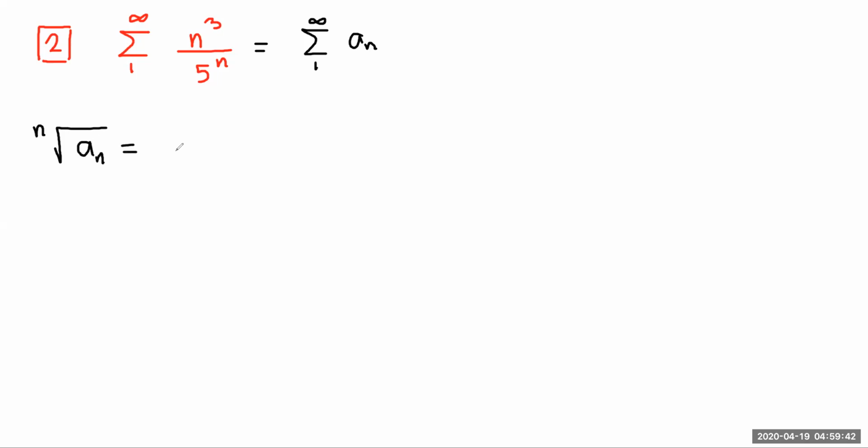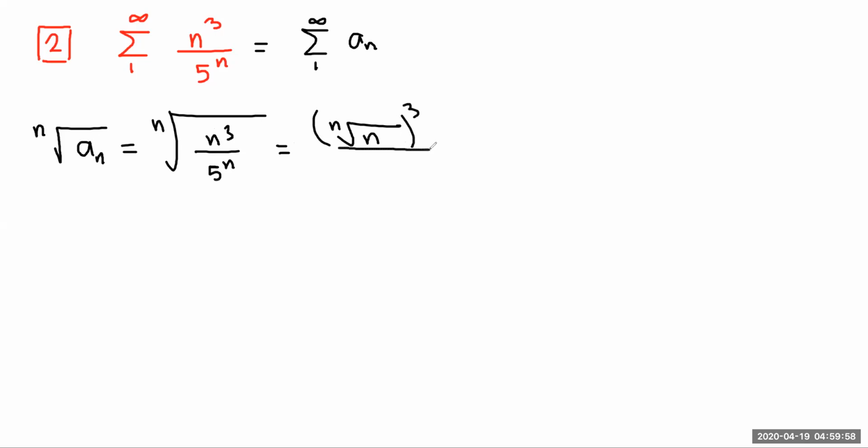It's the nth root of n power 3 over 5 power n. So it will be the nth root of n, power 3, over 5. Now, what is the limit of the nth root of n? It's the last rule.